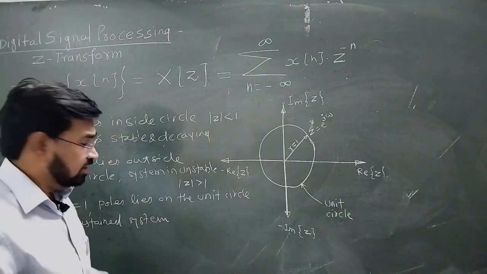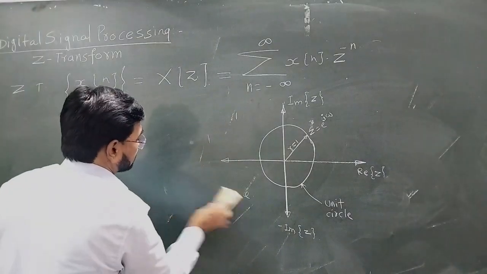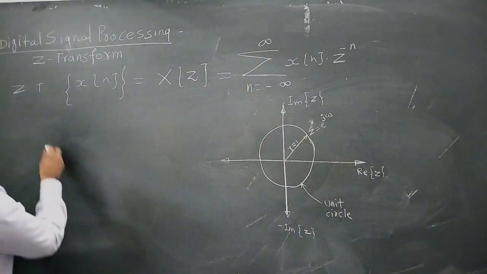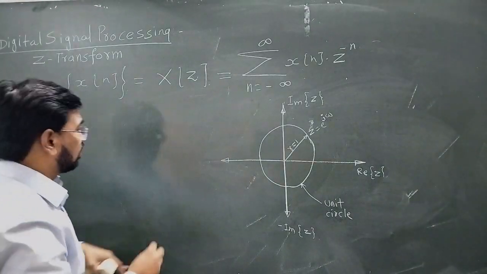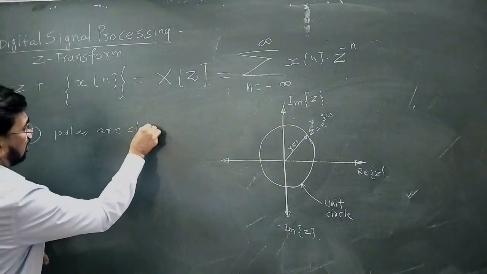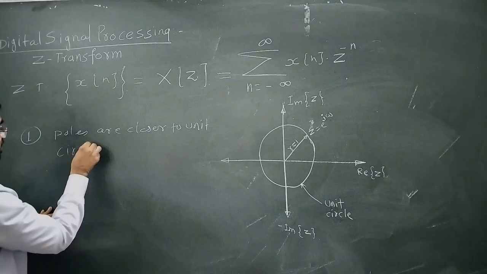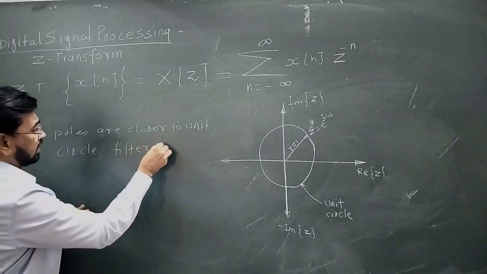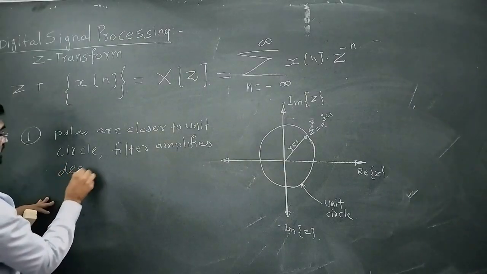Apart from this, the unit circle also helps in the design of FIR filters, finite impulse response filters, or digital filters. Case number one: if poles are closer to the unit circle, it means the filter amplifies desired frequencies.